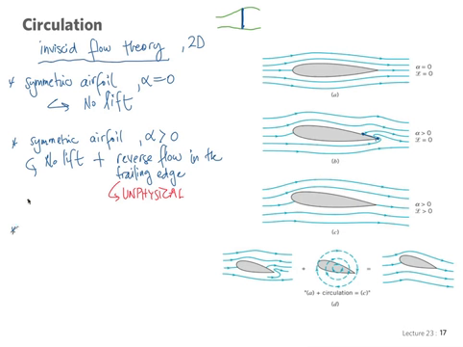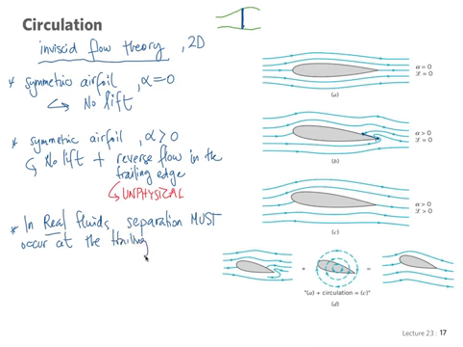So we know that in real fluids, separation must occur at the trailing edge. And so the theory is made to agree with the physically observed phenomenon by hypothesizing a circulation around the foil, the airfoil.